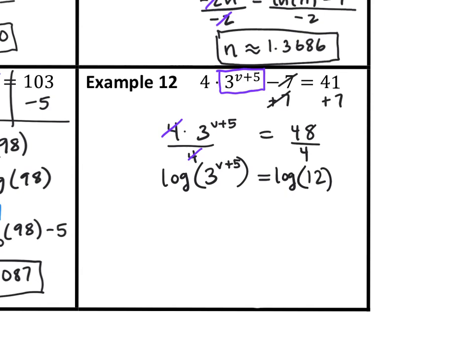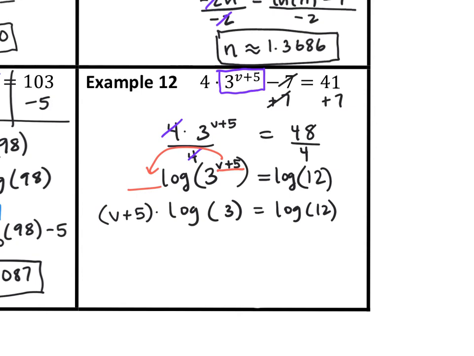And we're doing this so that we can take this exponent and move it to the front. So we're going to write v plus 5 in the front, and then log of base 3 equals log of 12.